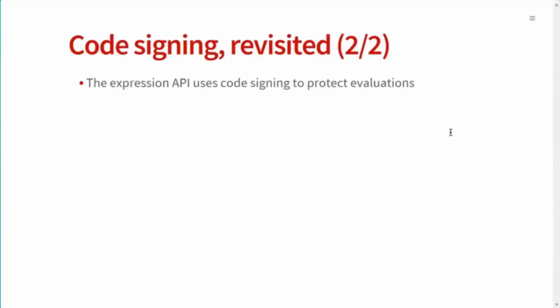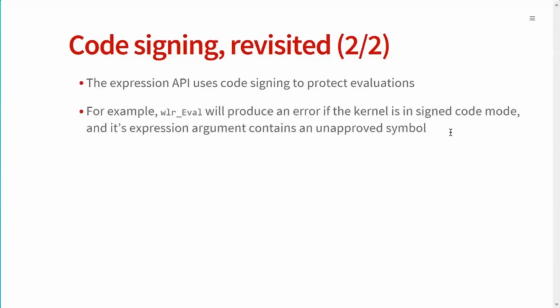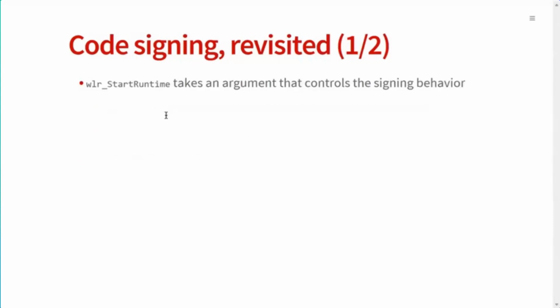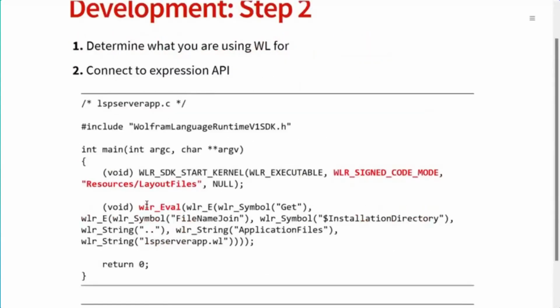Additionally, something I thought would be interesting to bring up is that there is code signing in terms of the expression API. WLR eval won't evaluate something if there's an unapproved symbol in the expression argument, but that doesn't apply to this scenario because all of these symbols, like FileNameJoin, are signed by default for convenience.